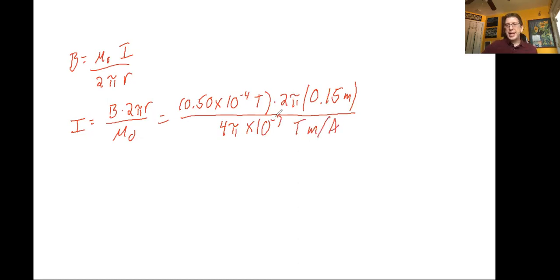So again, in this case, you're going to want to divide by 2 times 10 to the negative 7, and that'll make doing the calculation simple. So you have 0.5 times 10 to the negative 4 times 0.15 meters divided by 2 times 10 to the negative 7. And that gives us 38 amperes to two significant figures. And so that's the answer to the problem. That's as strong a current as you need.